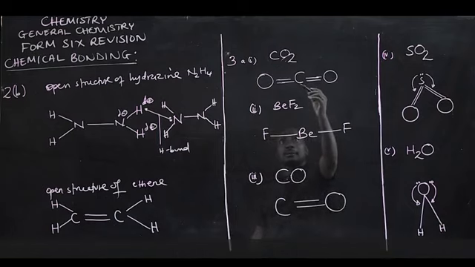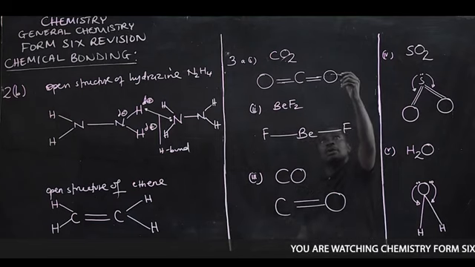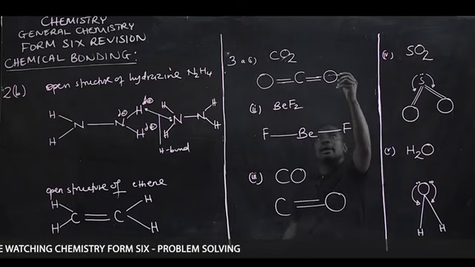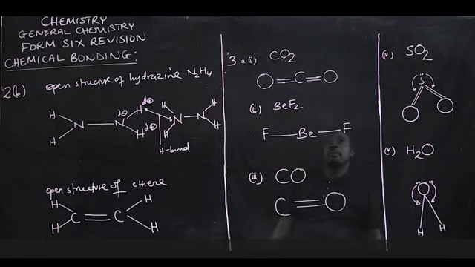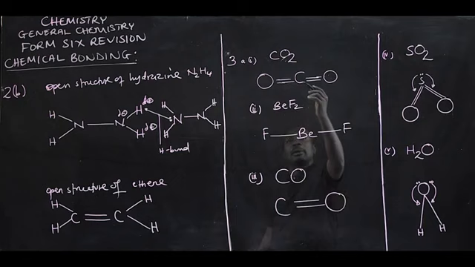Carbon is group 4 and oxygen is group 6, so oxygen is more electronegative than carbon. Oxygen withdraws electrons from carbon, so oxygen becomes negatively polarized and carbon becomes positively polarized. So the bond between carbon and oxygen is polar. But how about the geometrical shape of the carbon dioxide molecule? The geometrical shape of carbon dioxide is linear.